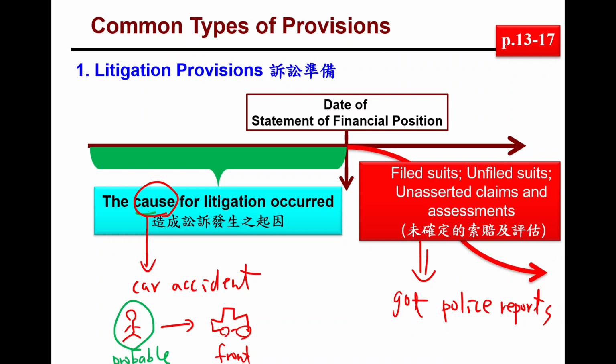Okay? So based on this, let you guess. You are the guy. When should you report that you have the liability, you have the provision? When the car accident happened today, or later on when you got the police report?